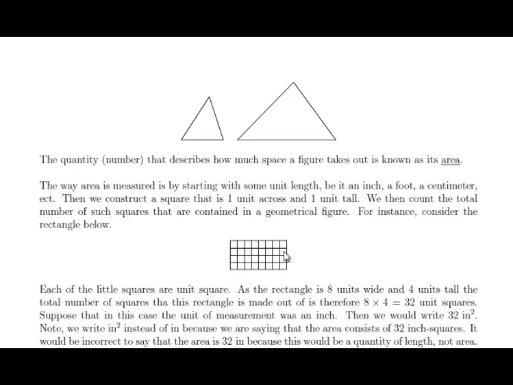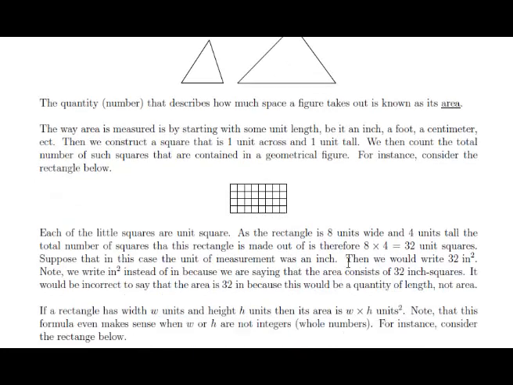So the length may be 8, the width may be 4, but the area is actually 32 square units. If it was just 1 by 1, one little box, one high and one wide, then the area would only be 1 unit. The more you get in terms of length and width, the higher the area goes.